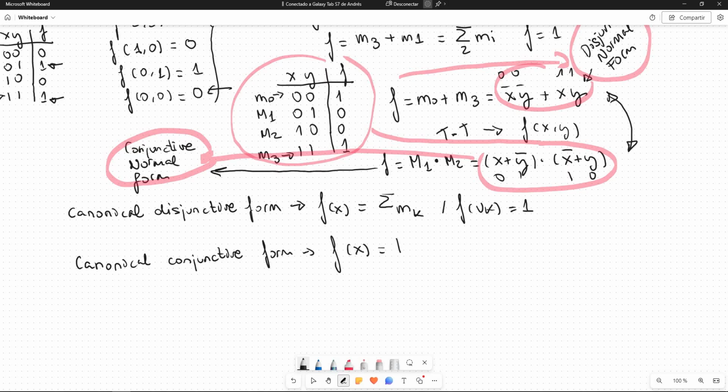It's going to be a product of the max terms that make the function be 0.